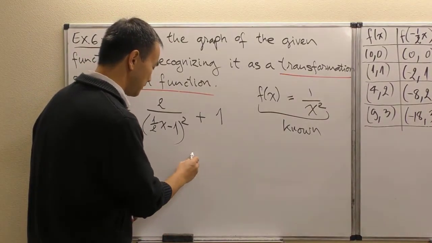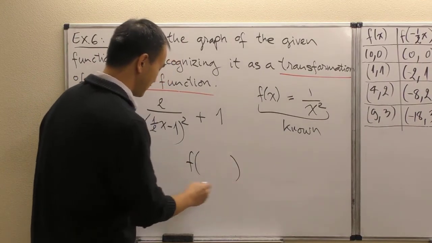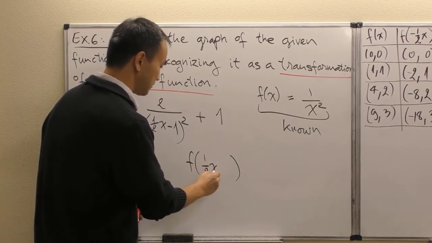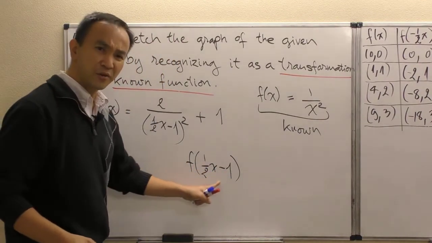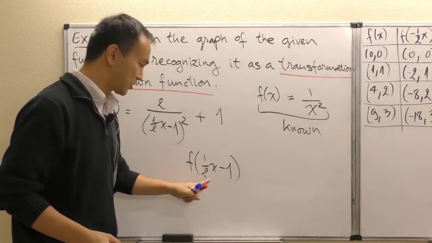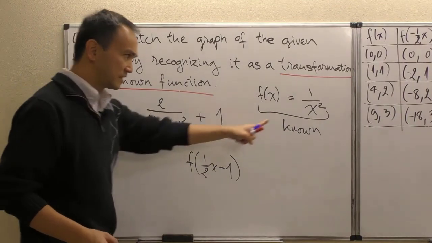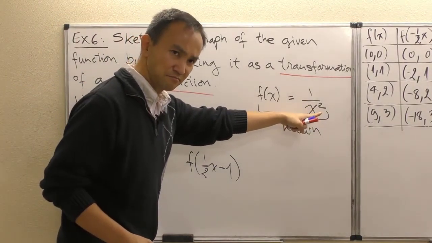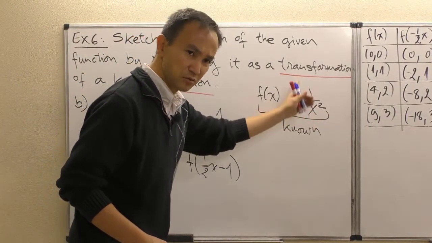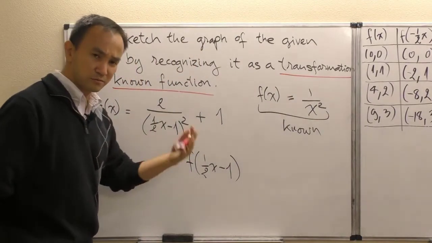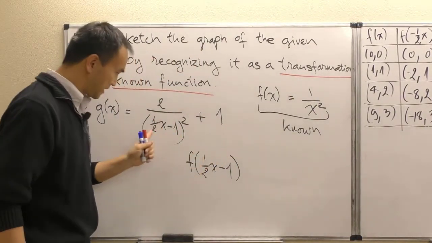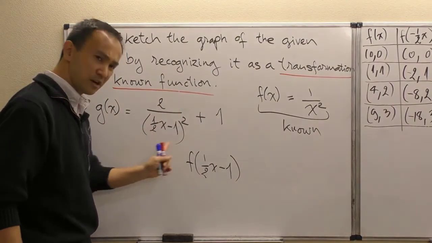So think about, what if we put the 1/2 x minus 1? I mean, how do I even recognize to put 1/2 x minus 1 into my f right here? Simply because here, instead of seeing x squared in the denominator, like in that simple reciprocal squared, I see a square in the denominator, completely square.